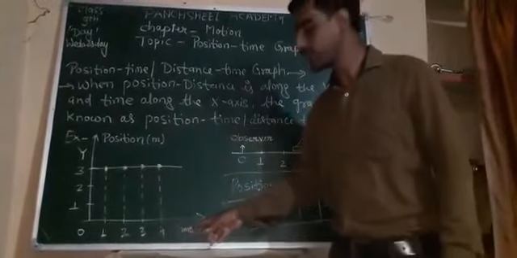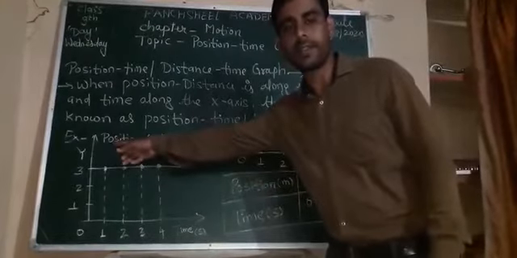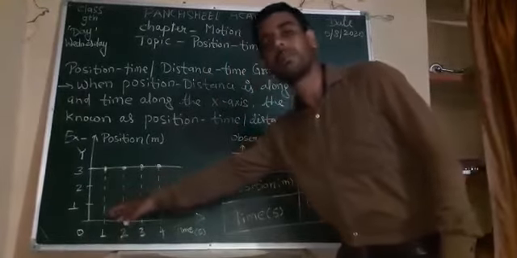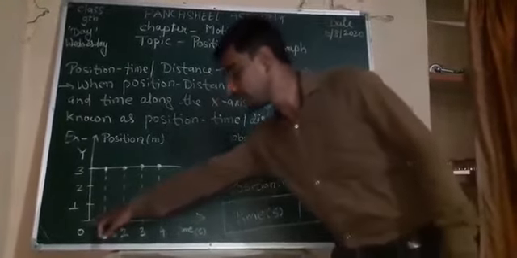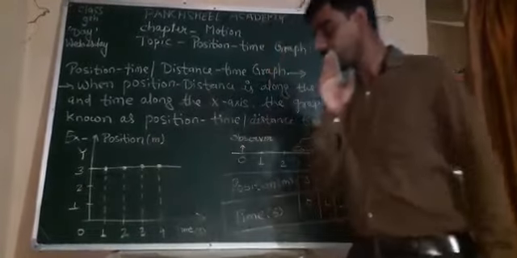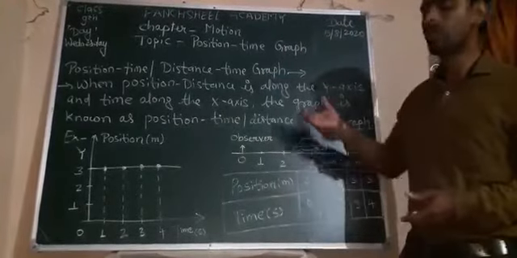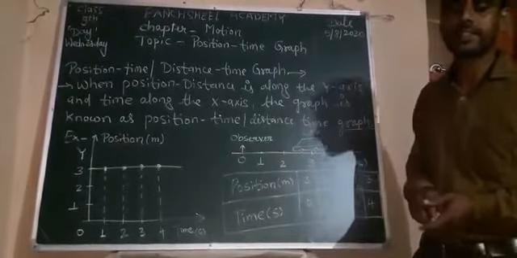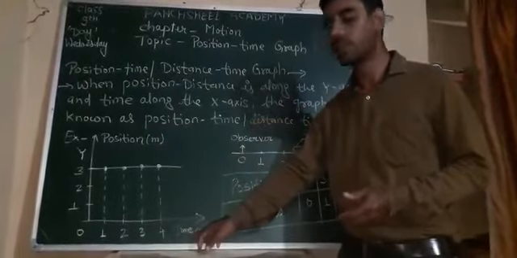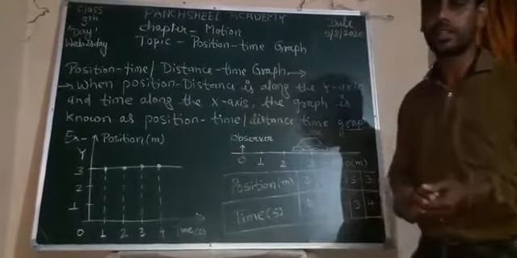There are two axes, the x-axis and the y-axis, which are perpendicular to each other, and this point is the origin or reference point. So when the position or distance is along the y-axis and time along the x-axis, this graph is known as position time graph.